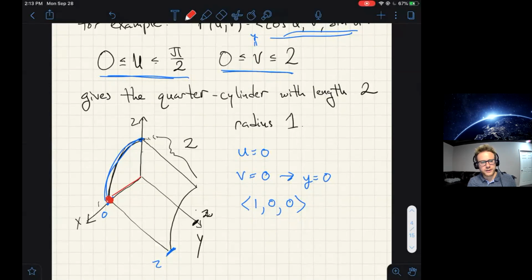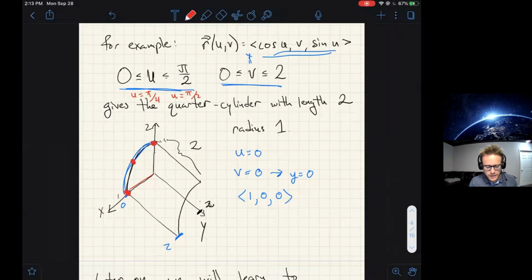And so that was perfectly fine. You could also try plugging in U equals pi over 4 and U equals pi over 2, and you'll see that you'll map out this quarter of the circle right here. And that's why it's this quarter rather than in some other octant. So you can just plug in a few points to see which octant it lives in.